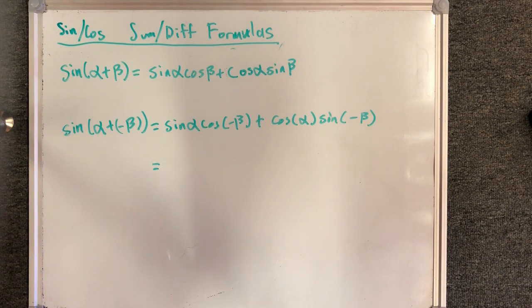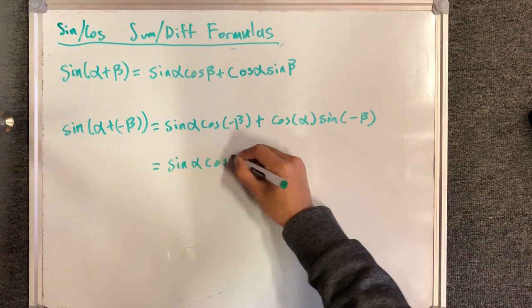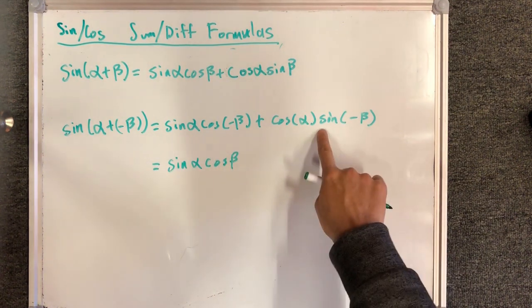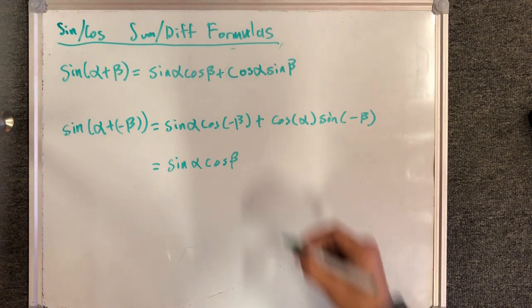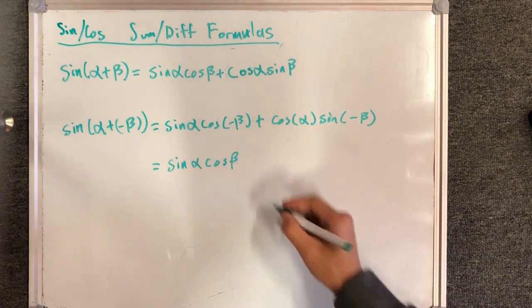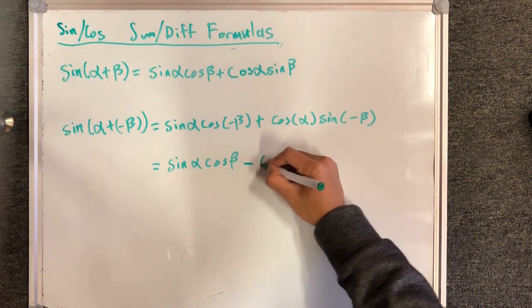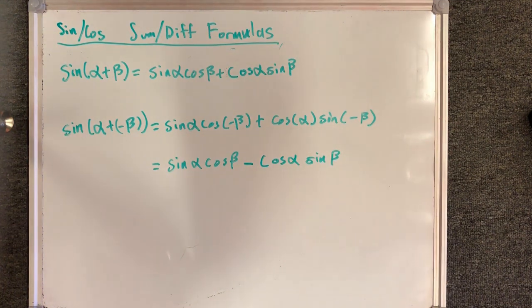This means cosine of negative x will be cosine of x. So this simplifies to cosine alpha, cosine beta. We know that sine is an odd function, therefore sine of negative beta will be negative sine beta. So I'm going to move the negative to the front. Minus cosine alpha, sine of beta. And here we have the formula for the difference of angles.